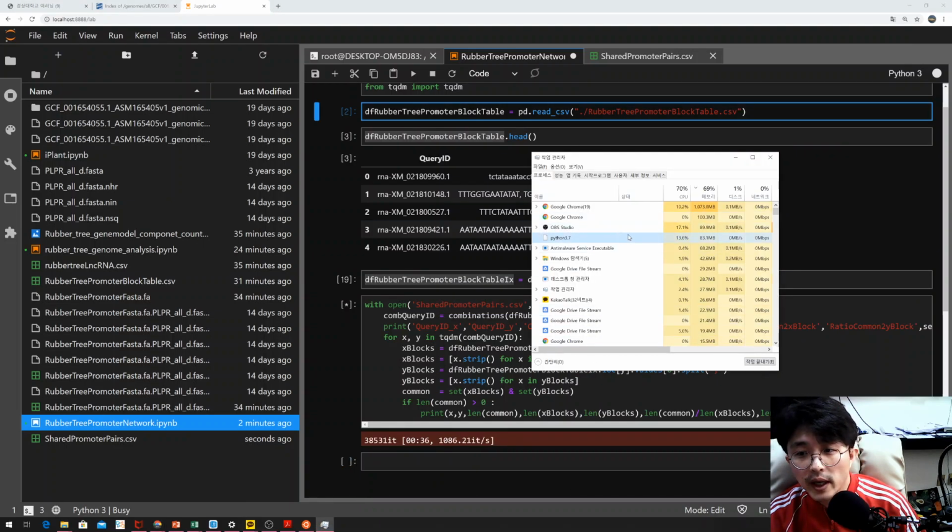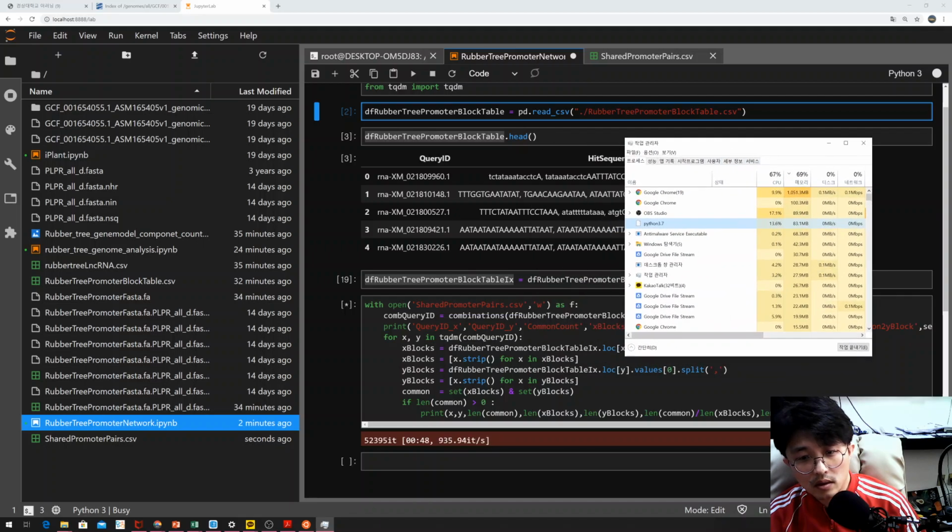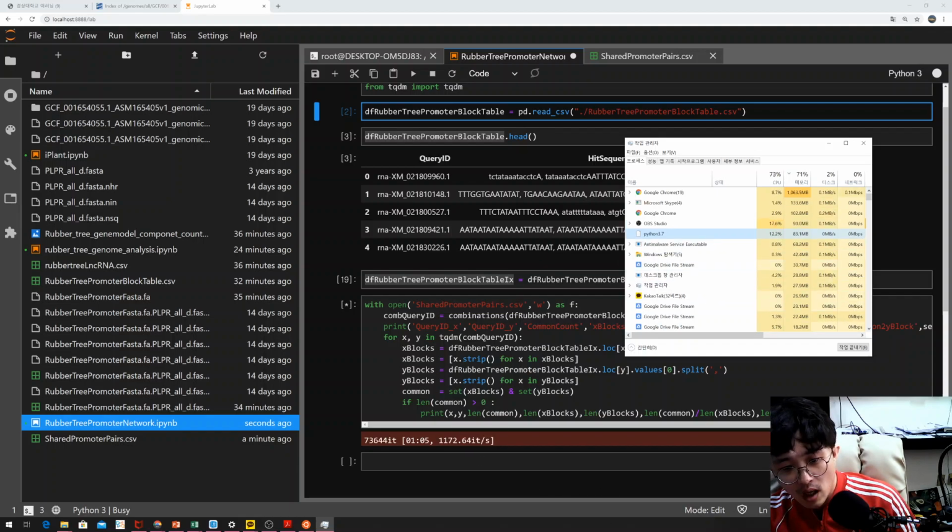So Python just uses 83 megabytes. If I run not using a generator, then it will consume, I say, several gigabytes. So I will wait for a while and you will see the result.